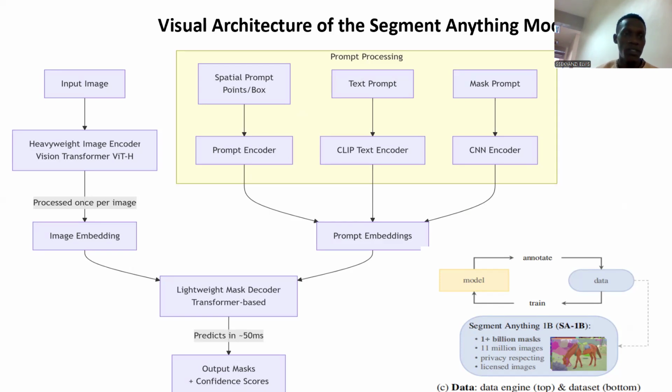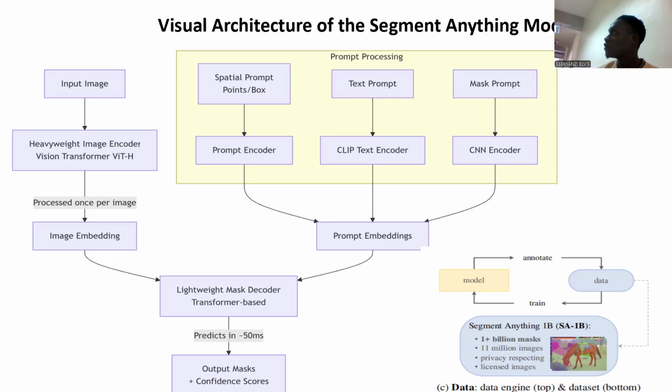We have the input image, and this is basically the heavyweight image encoder, a vision transformer, which is processed once per image, and this is of high quality through the image embedding and a lightweight mask decoder, transformer based, to output masks.